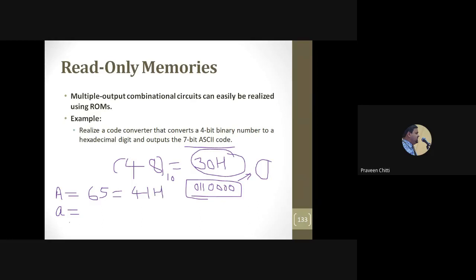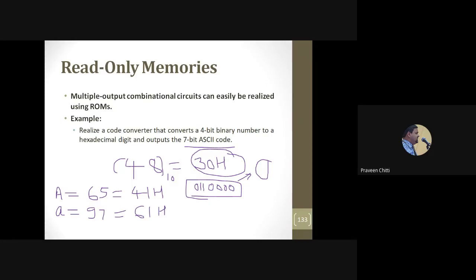Similarly, ASCII value for small a is 97 in decimal, whereas it is 61 in hex. I hope at least these three values you remember.